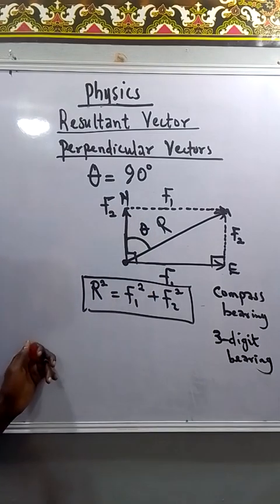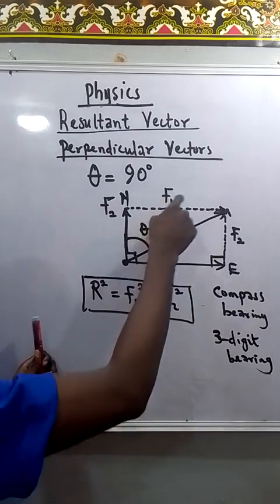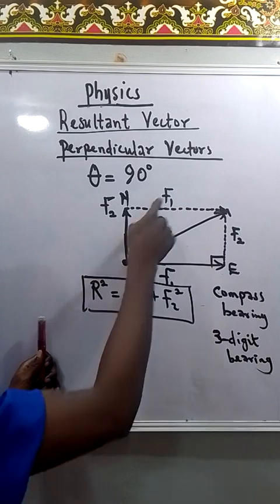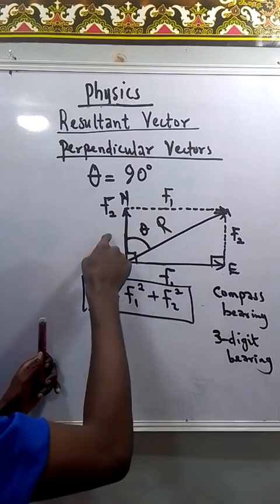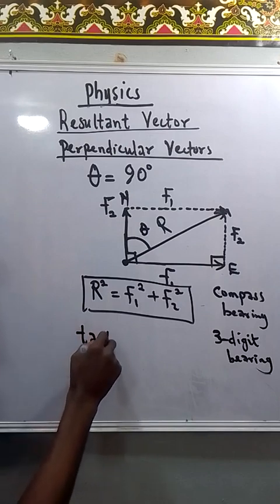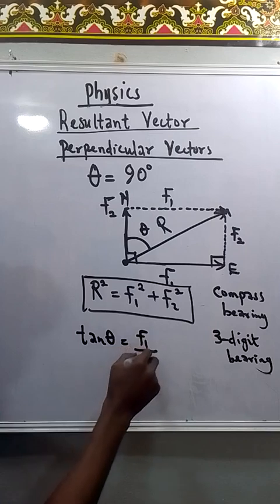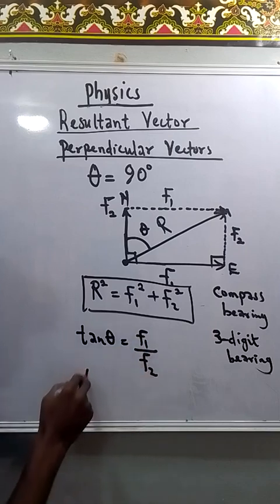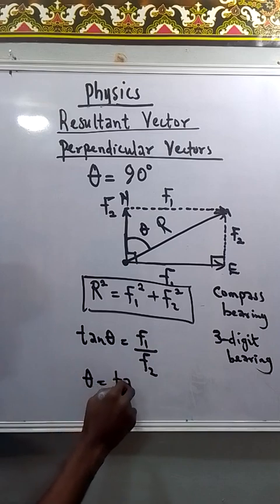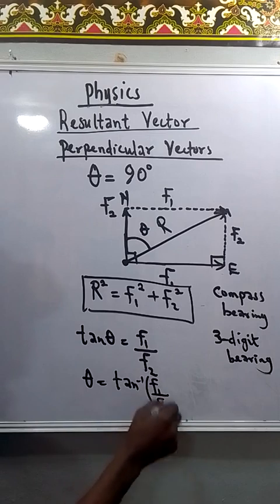Let's put theta here. So if we find the tangent of theta, that will be opposite over adjacent. Our opposite is F1 and our adjacent is F2. That means tan theta is equal to F1 over F2. If we take the arctan of both sides, theta will be equal to arctan of F1 over F2.